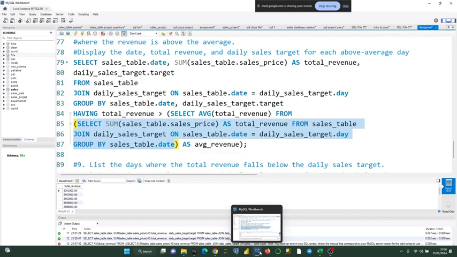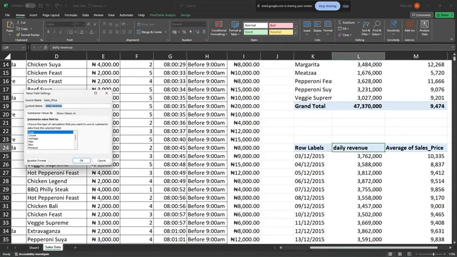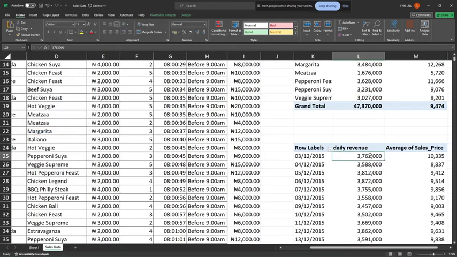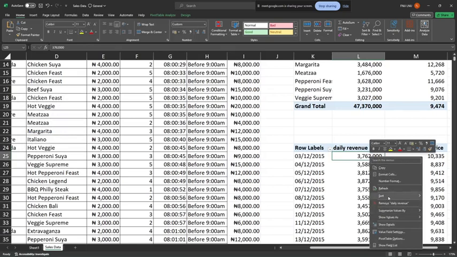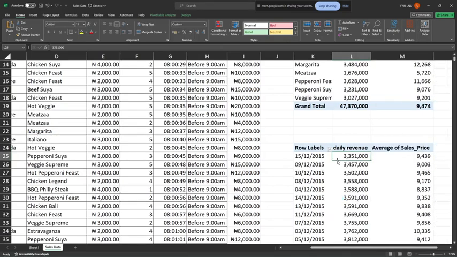I want to see if it's sorted. Yeah. So now it's giving this.